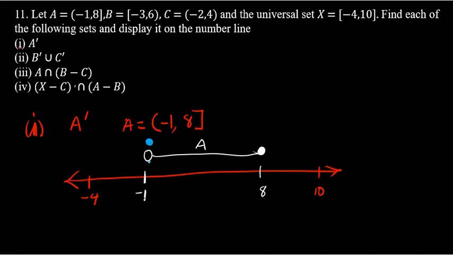Why am I putting included? Because -1 was not included in A, but it will be included in A complement. So this is what you do. Oh, sorry for that. I think there I've made a mistake.